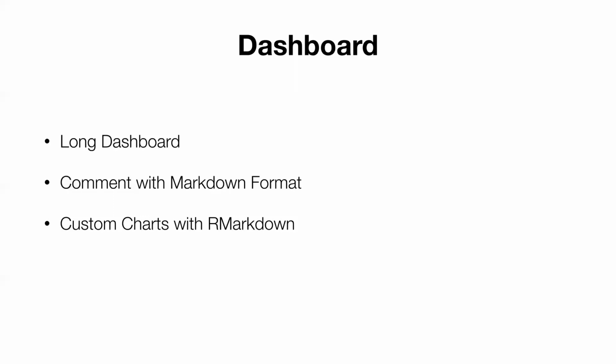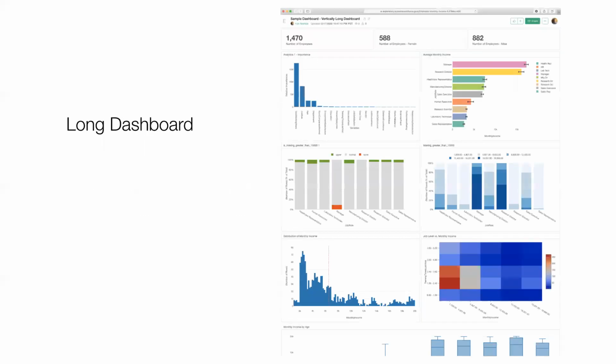Anyway, for the dashboard, I want to talk about 3 things. First is a long dashboard. You can create this kind of dashboard. Before, it was always one page, so if you put a bunch of charts, all the charts get cramped together.